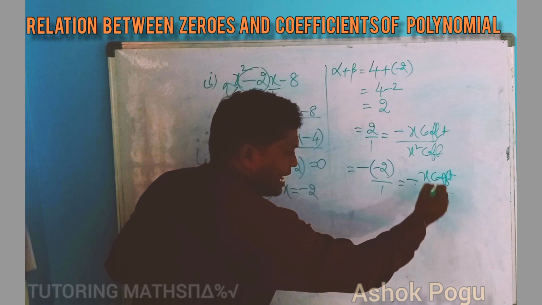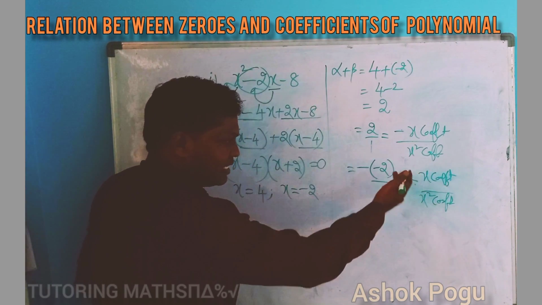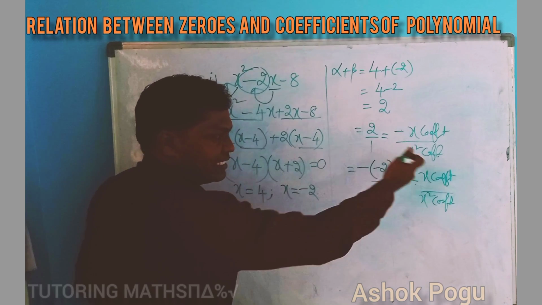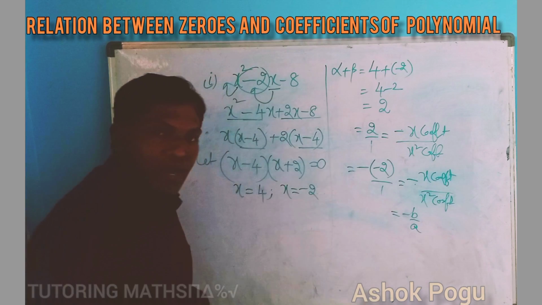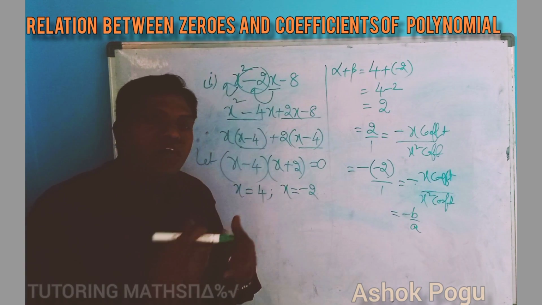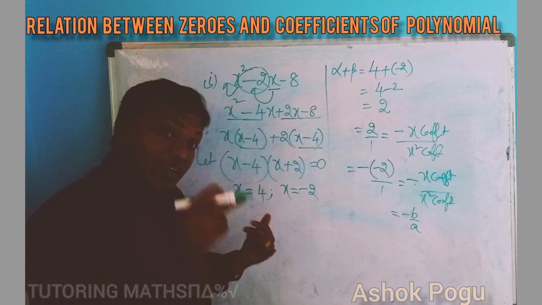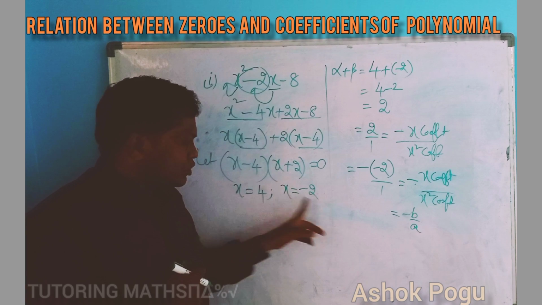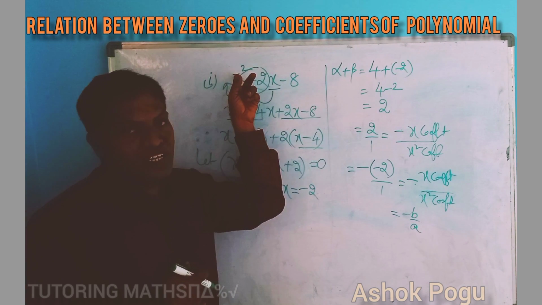So this result is absolutely equal to minus b by a according to the standard form. Therefore we can say that these two zeros are absolutely correct, and we have verified these two zeros with the coefficients of the given polynomial.